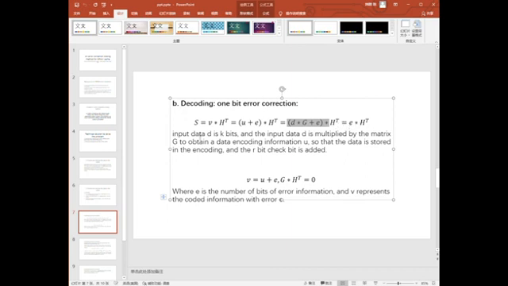Input data D is K bits, and the input data D is multiplied by the matrix G to obtain the data encoding information U, so that the data is stored in the encoding and R check bits are added. In the equation, E is the error information, and V represents the coded information with error E.